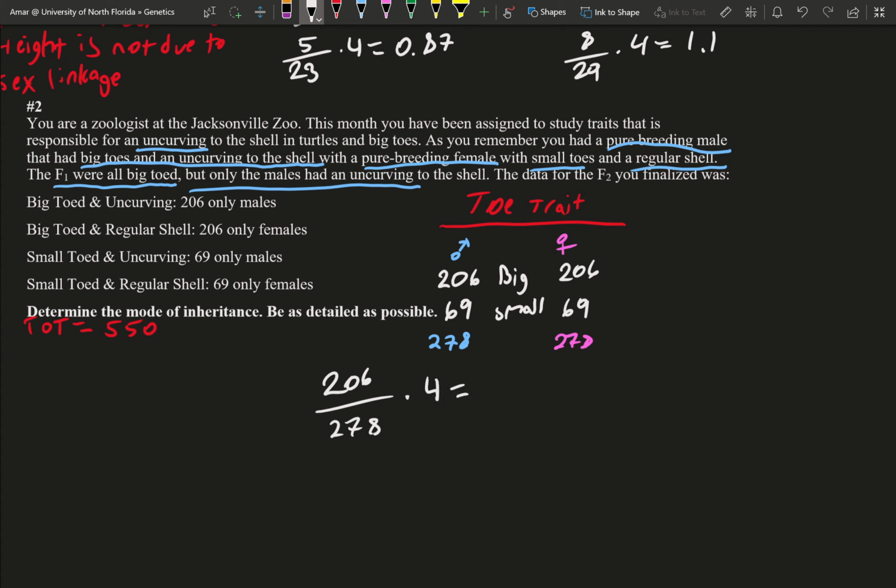Let me calculate that. So that's a ratio around 3. And then the other one, 69 over 278 times 4, which is around 1. And because the numbers are the same, we can say the same thing for the females as well. So therefore, the toe trait is not due to sex linkage.